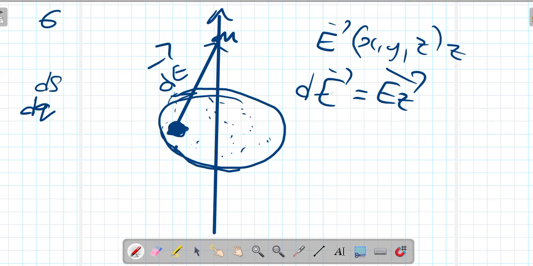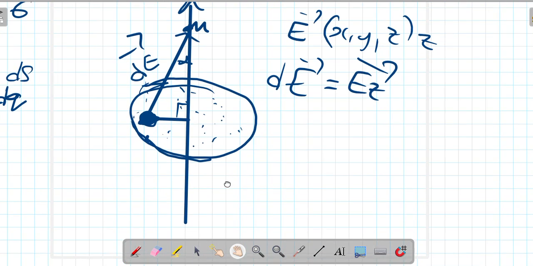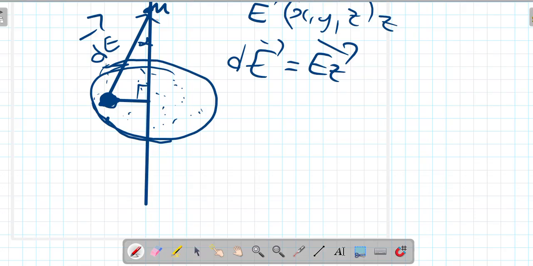For dE or E, it only has one component, the z direction. This vector can be decomposed, so imagine this is a right angle triangle. This is where that idea came from. You call this angle alpha. So this dE can be decomposed into two components, the z component and the y component.